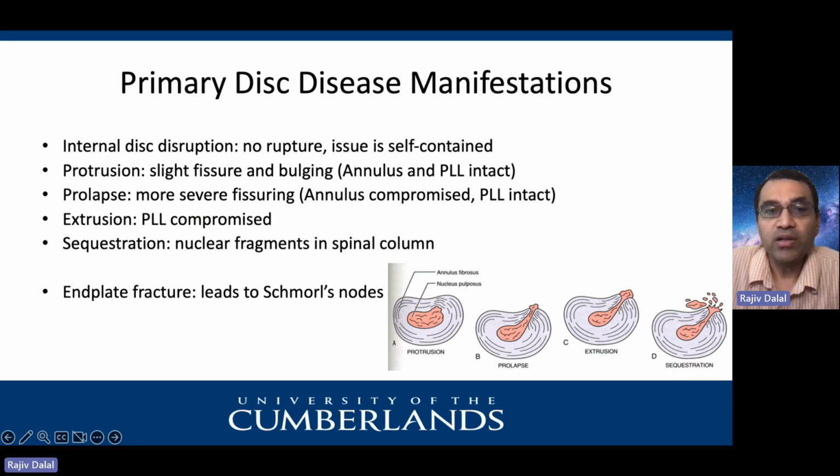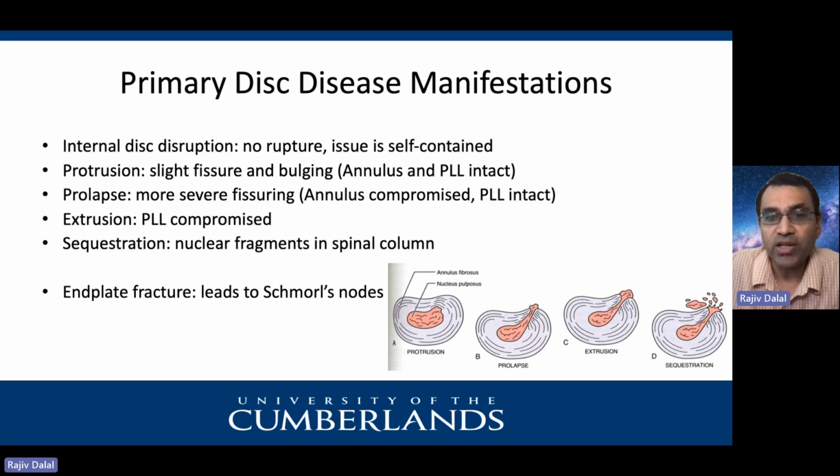So when we talk about clinical manifestation of primary disc disease, these are the terms and the definitions that we use to define them. So again, that internal disc disruption, which we just showed you a picture of, the issue is self-contained within the disc. Once you start having some type of bulging, that's when you get into these other terms.